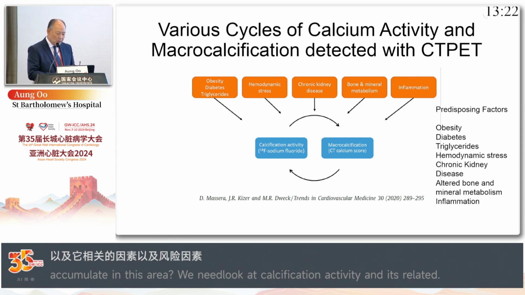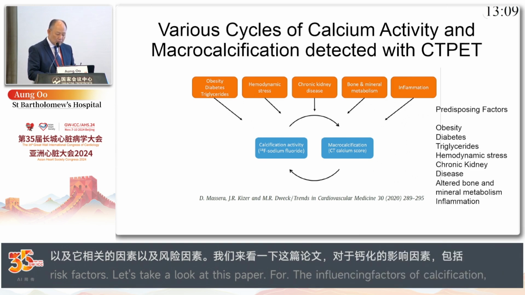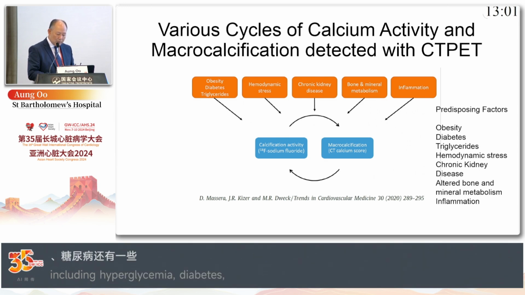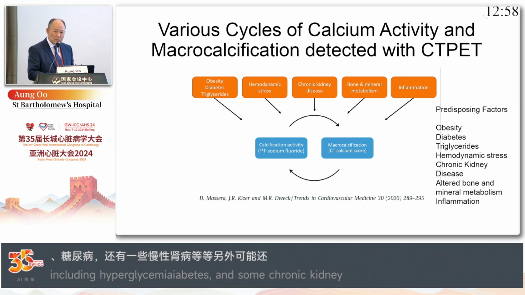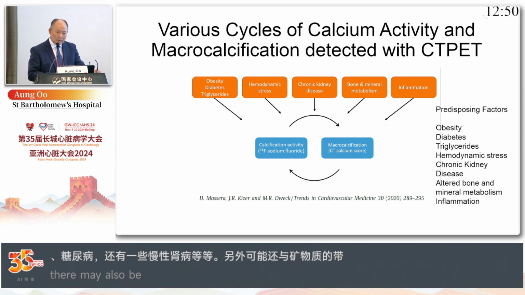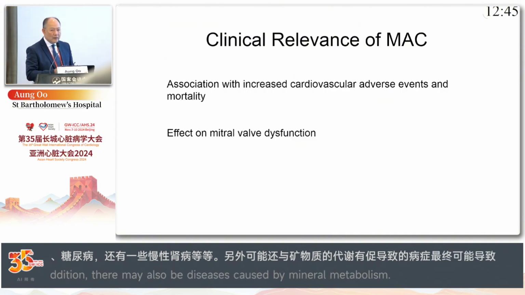You see an effect on the calcification activity by diabetes, high triglyceride, hemodynamic stress, and also mineral metabolism, inflammation and chronic kidney disease. So these are multifactorial, all the conditions and predisposing factors that lead to severe calcification of the area.